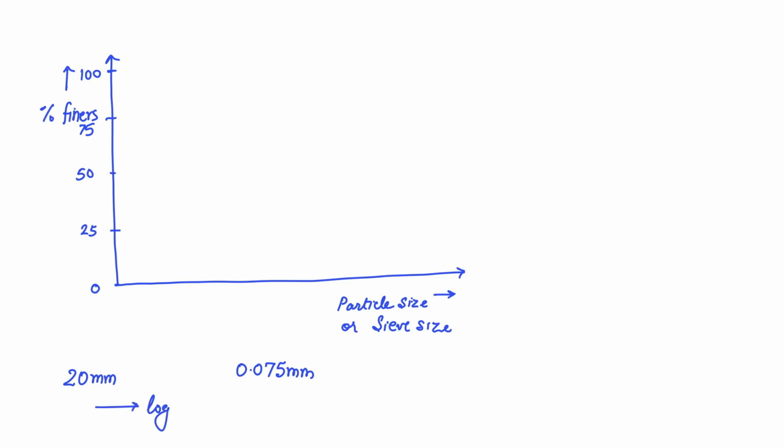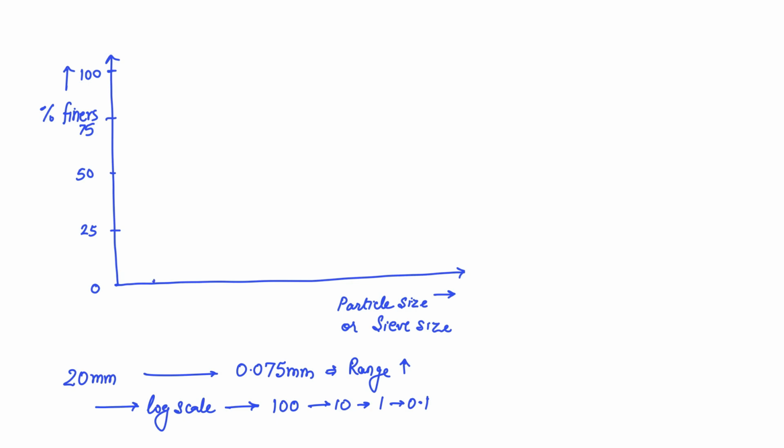Why log scale? Because this range is very high, and if the range is very large, the log scale helps: on one mark it is 100, then the next mark will be 10, after that 1, and after that 0.1. So on the log scale the interval keeps on changing.